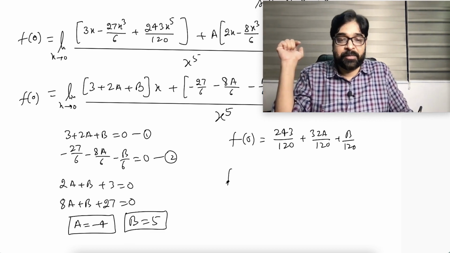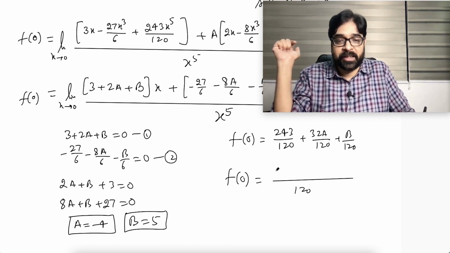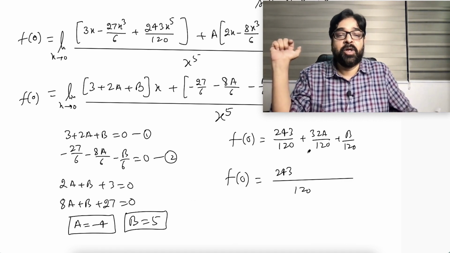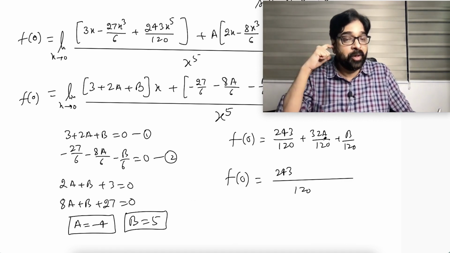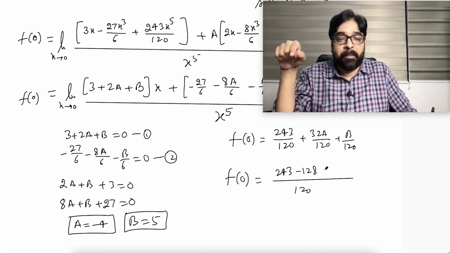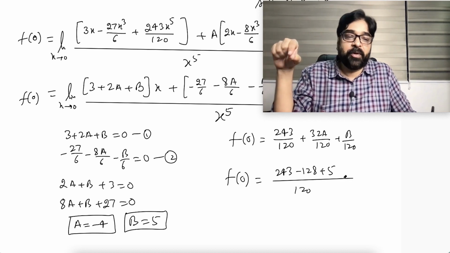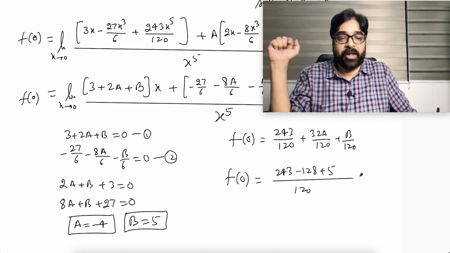At this value if I substitute, f(0) with 120 LCM: 243 plus 32a, a is minus 4, 32 into 4 will be 128, so minus 128 plus b is 5. Correct? The 248 minus 128 is 120. 120 by 120, that is 1.